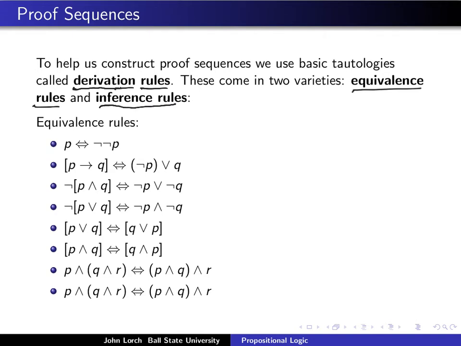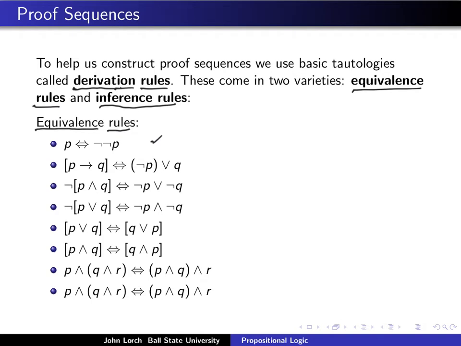So here are some basic equivalence rules that we will be using. Some of them we have verified and others we have not. But if you're wondering or doubting one or more of them, you can always check them using a truth table. So the first one is that P should be equivalent to the negation of the negation of P. Hopefully we wouldn't argue with that.